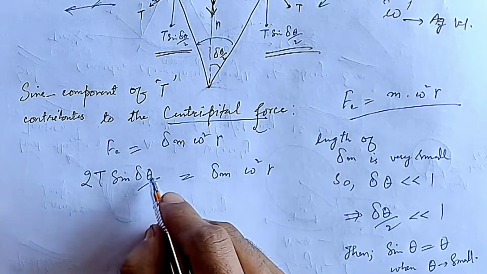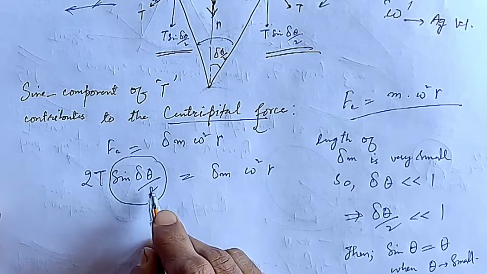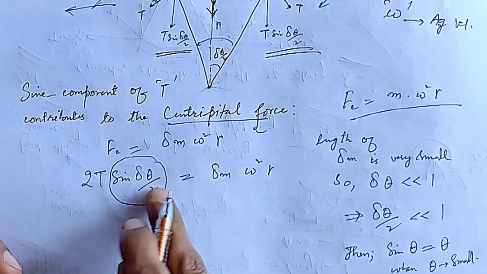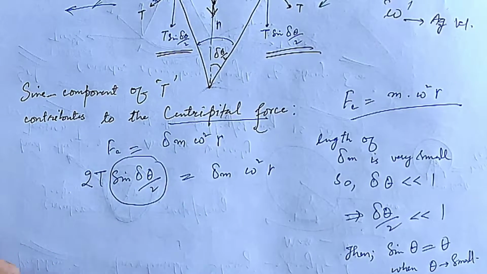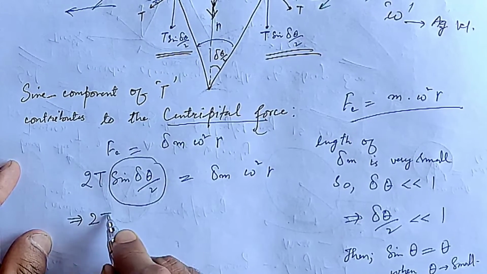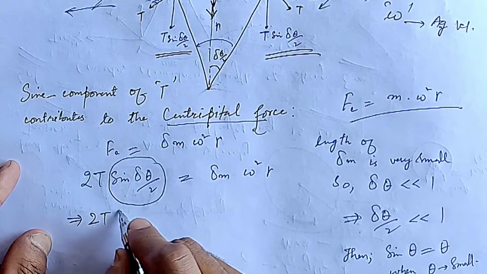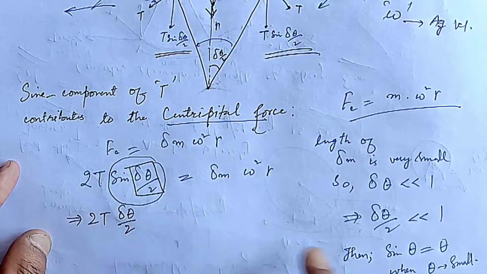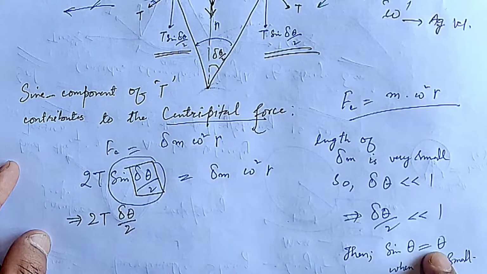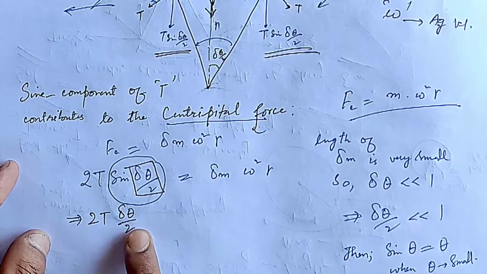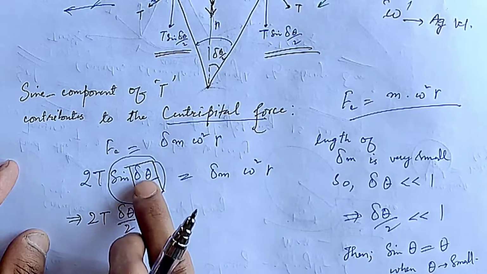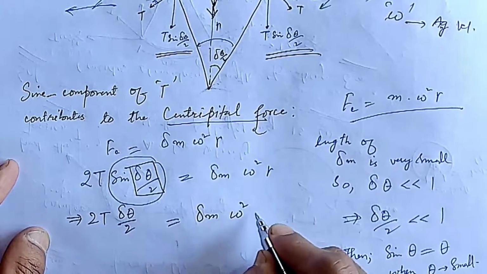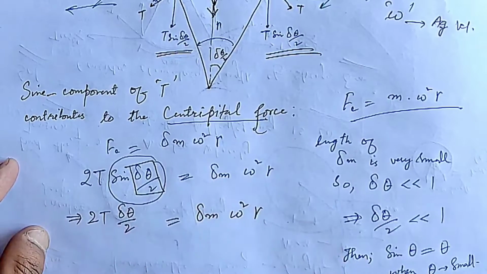So sine of delta theta by 2 will be equal to delta theta by 2 itself. So instead of 2T sine of delta theta by 2, we write 2T times delta theta by 2. Fine. Got it? This will be equal to delta m omega square r, and the 2 and 2 cancel out each other.